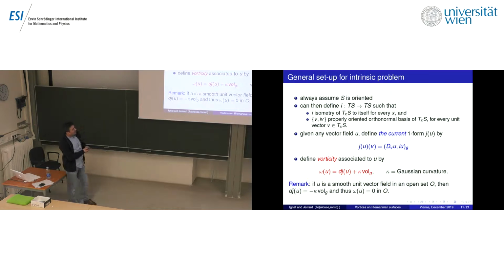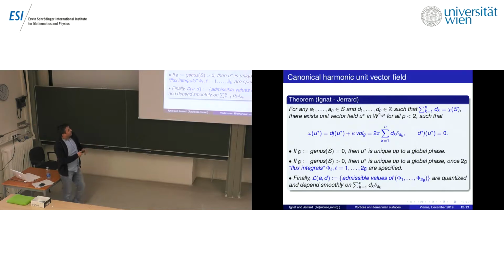Again, in a subdomain where u is smooth, this vorticity is 0, exactly like in this case. So this is the differential of this one-form, which means that here you take a curl. And then we will see that also the adjoint operator will come up, and that's the divergence.